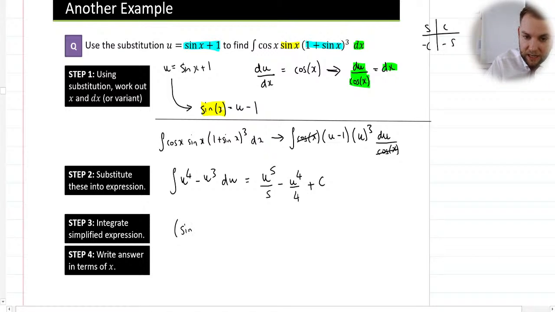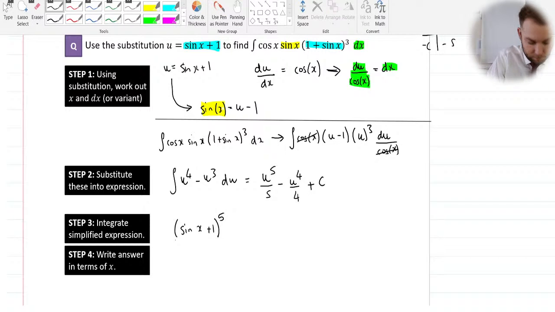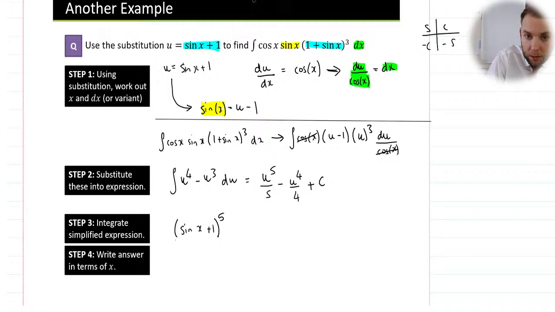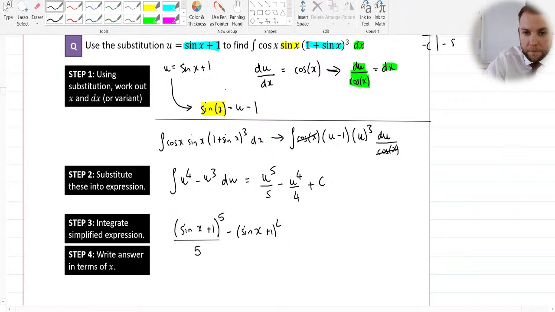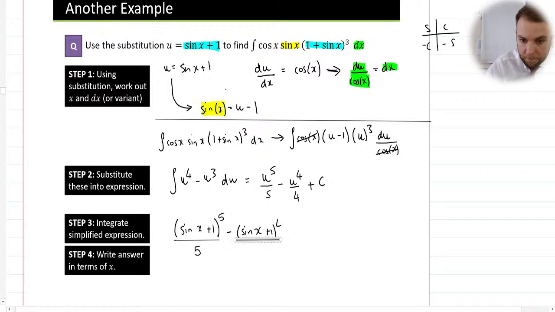So sine of x plus 1 all to the power of 5 all over 5 minus sine of x plus 1 to the power of 4 all over 4 plus c. Brilliant.